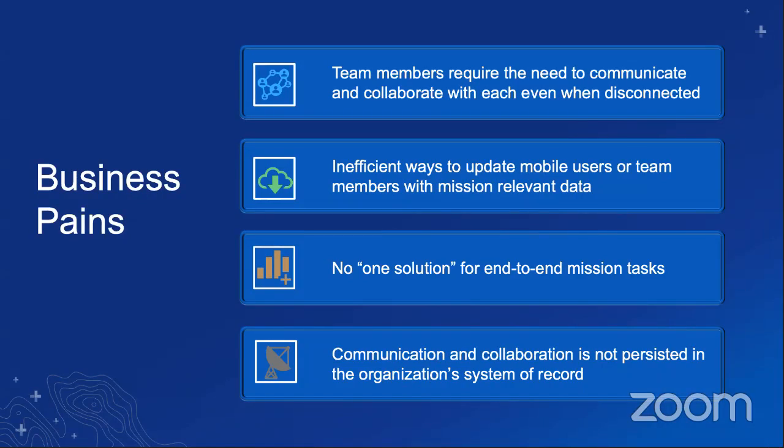The last one is that communication and collaboration is not registered in the organization's system of records. By that, we mean the history or data of previous missions is not saved or recorded in the organization's system of records for future reviews or future analysis.